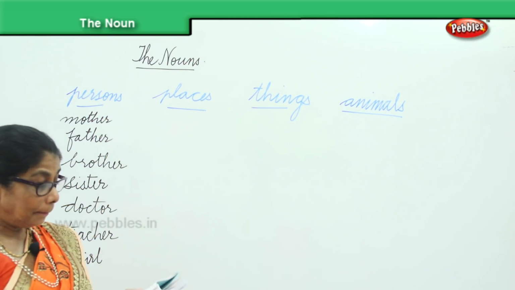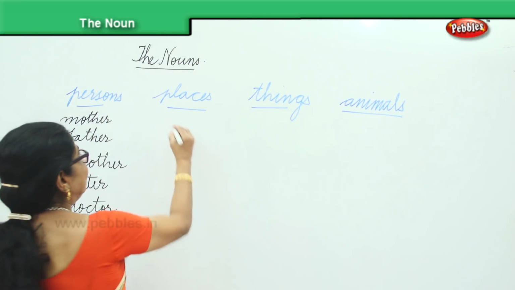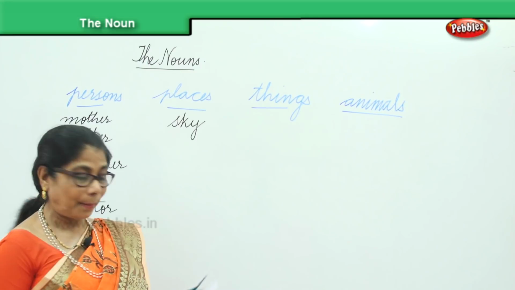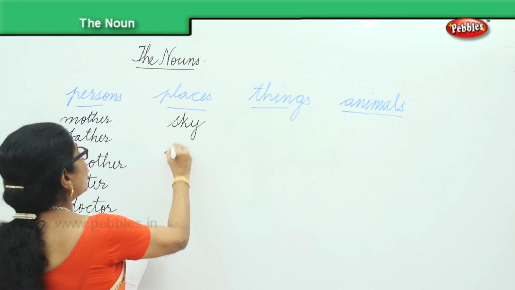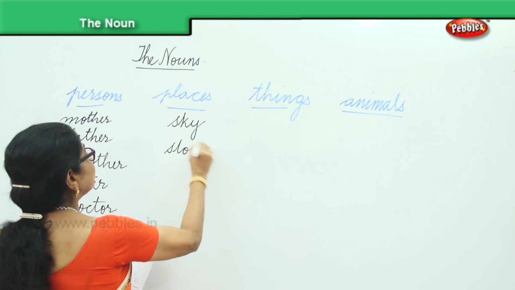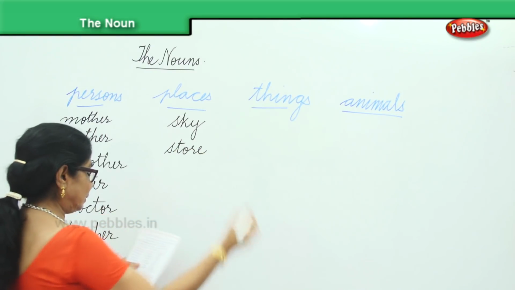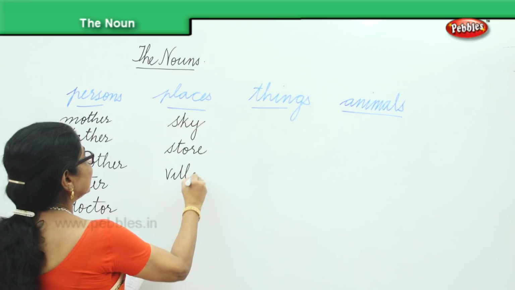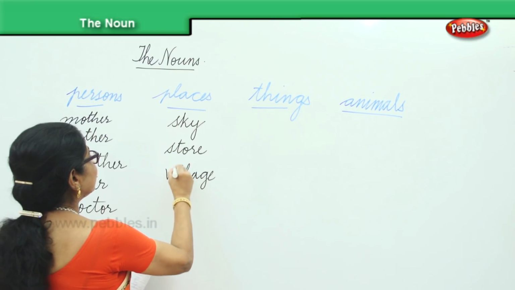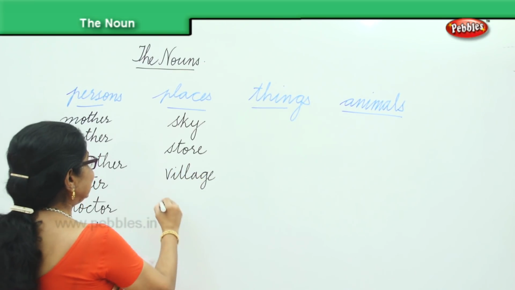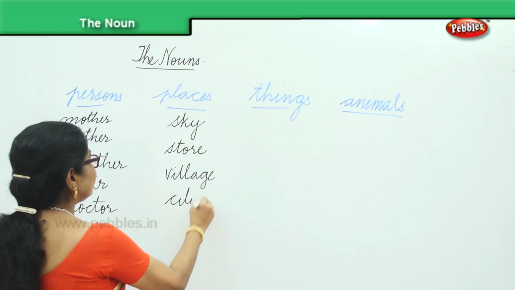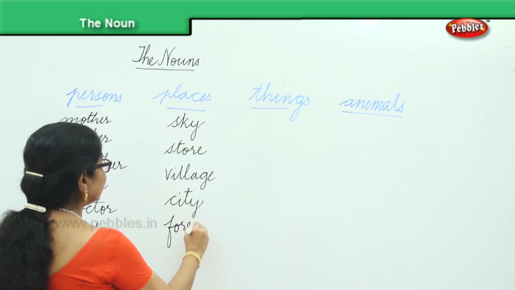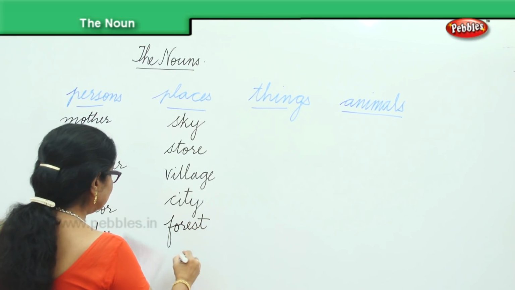Now let's look at places. When you say any place, sky, sky is a place. Store, we are going to the stores to buy things. Then you can say village is a place. City is a place. City, forest, town.